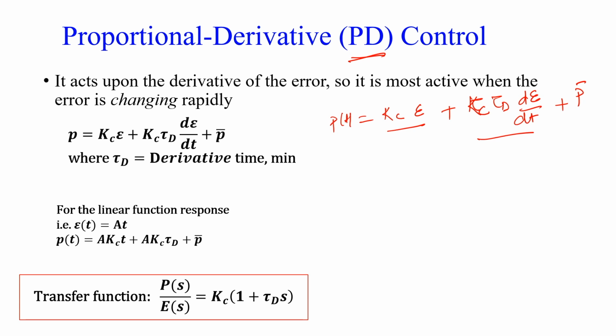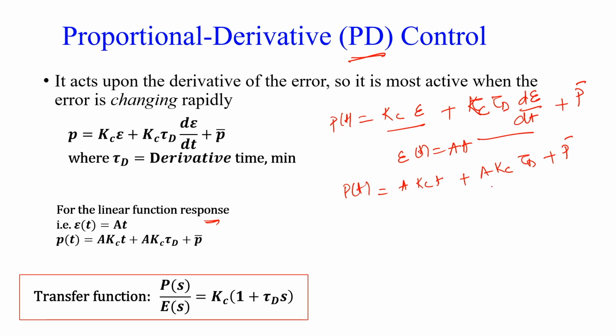And here again, for a linear function, you can say E(t) as a step change, a into t. So, we can write P(t) as a Kc t plus this will be a t. So, we will only get this a Kc tau d plus here.